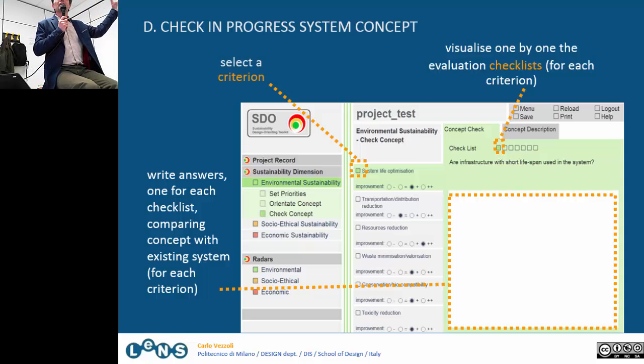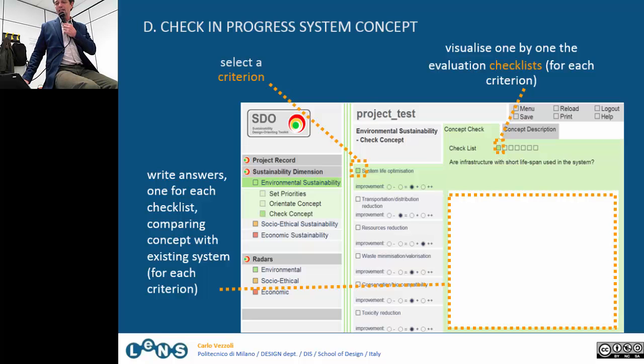So if the infrastructure for system life optimization was with a short lifespan, or the packaging in relation to transportation or something like this, and in your concept this has been improved, well, you will write now that the system is made in this way, so we have very long-lasting or intensively used products and something like this. So it has to be, again, a kind of qualitative report. So you will actually have 6 qualitative reports, one for each of the 6 criteria for the environmental sustainability.